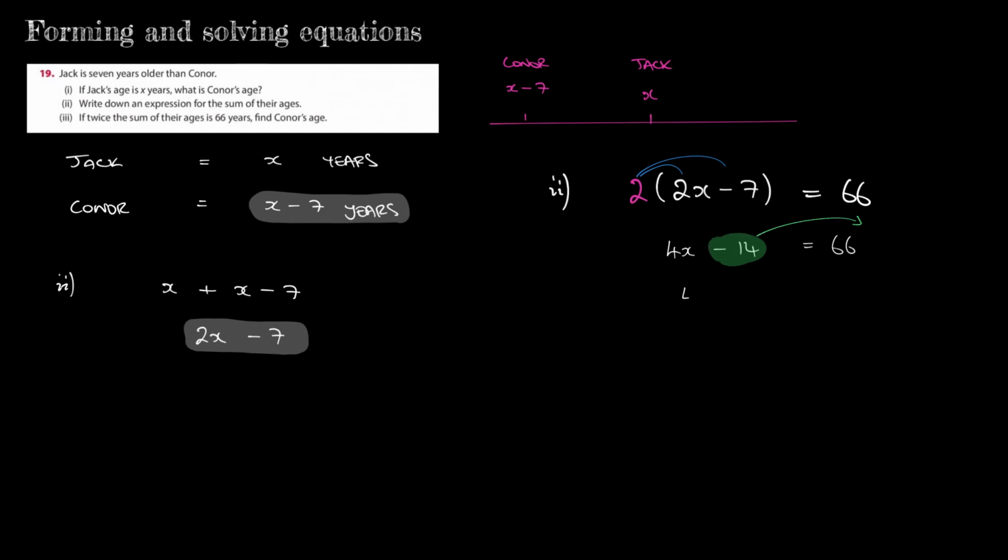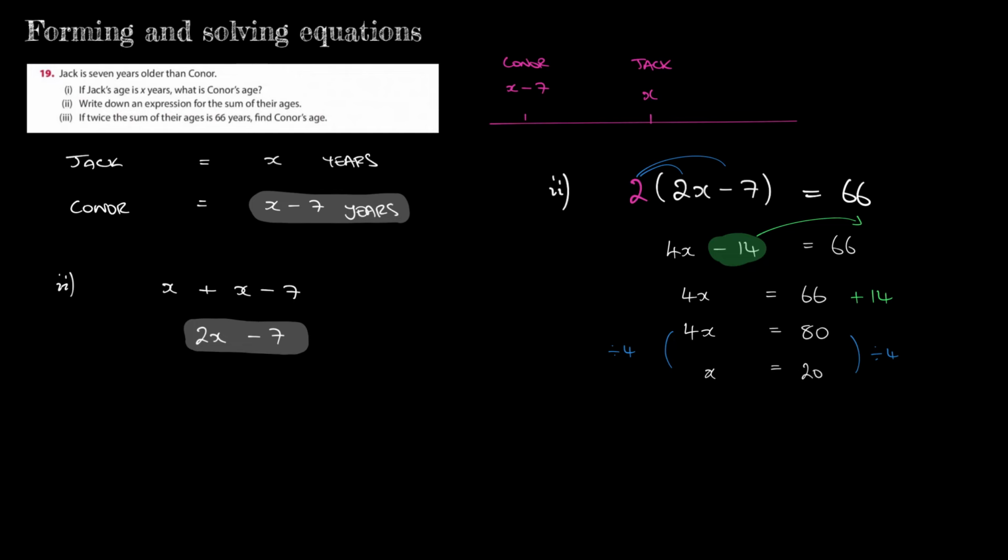I'll be left with 4x equals 66 plus 14, and 66 plus 14 will give us 80. So 4x will be equal to 80. So 1x will be equal to, I need to divide the left-hand side by 4, but if I divide the left-hand side by 4, I need to divide the right-hand side by 4. And 80 divided by 4 will give us 20.